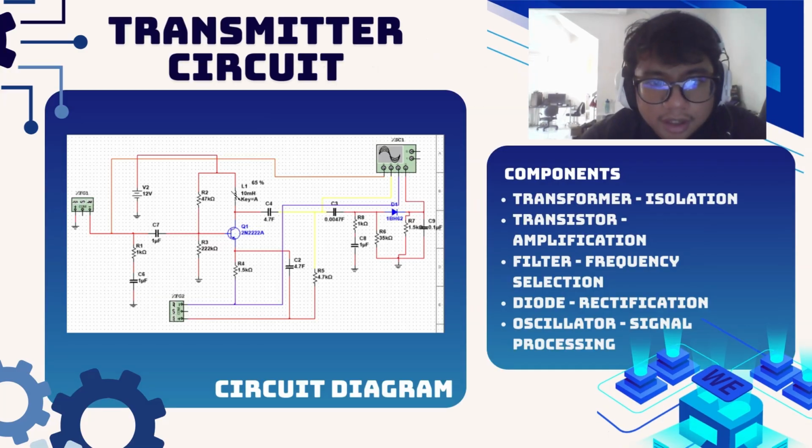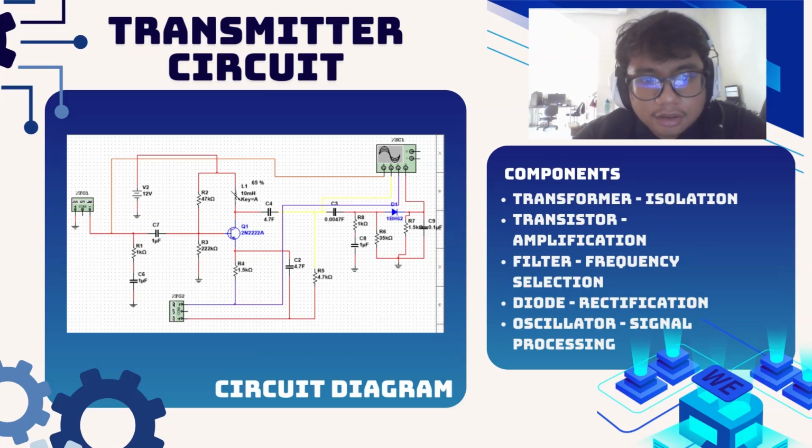Hello, my name is Muhammad Iskandar and I'm going to present the circuit of transmitter. First, we have transistor. It is used as amplifier to boost weak signal. Second, we have filter, to separate signals of interest from unwanted frequency. Number three, we have diode, to rectify signals during intermediate stages.